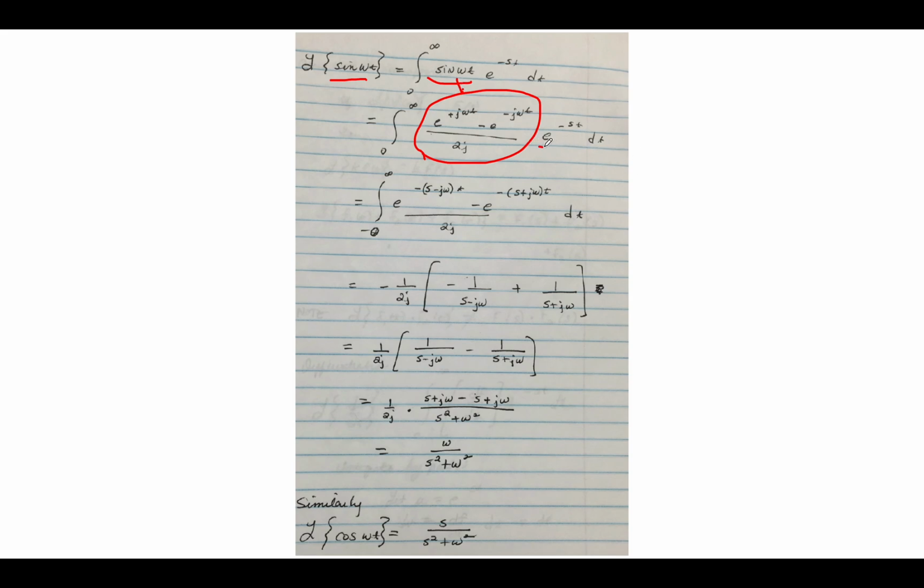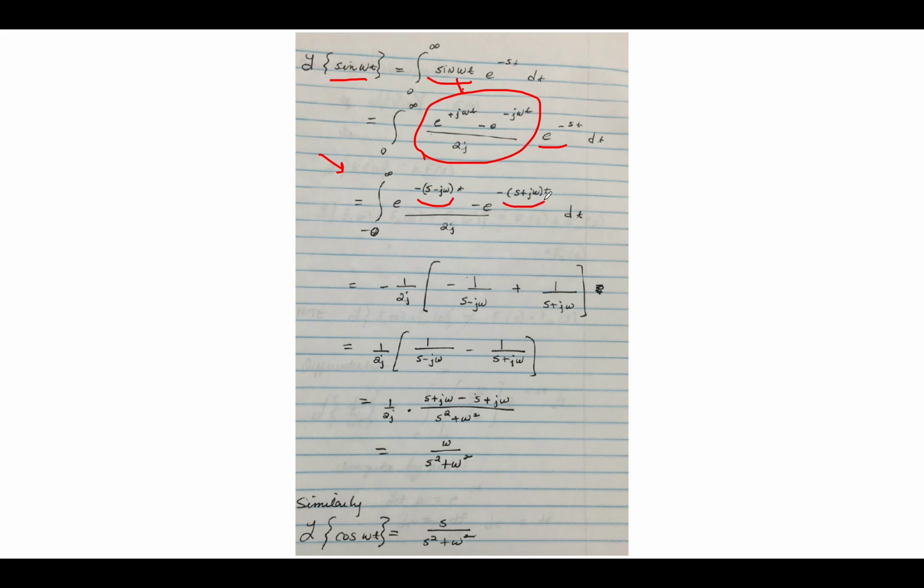So our Laplace transforming function e to the minus st is still here in the integral. And what occurs between the line that we're currently looking at and the next line is some algebra, where we take the minus st in the exponential and the j omega t and the minus j omega t in the expression for the sinusoid, and we combine those, which means that our exponentials now look like this.